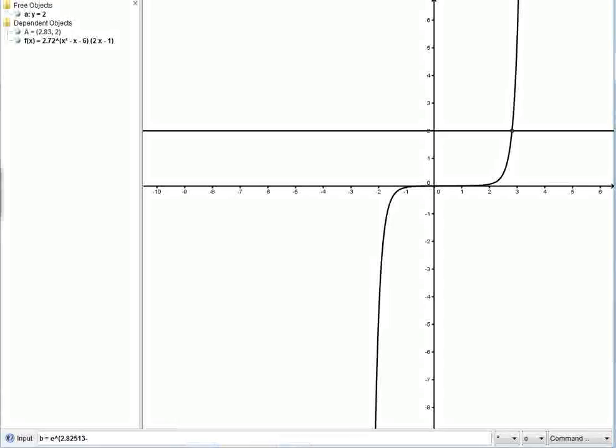Minus 3. 2.82513 plus 2. Close that bracket, and then minus 3. So I think I've missed a bracket here at the front. Should be a bracket there. If I push enter, I get b is equal to negative 2.573 to 3 SF.